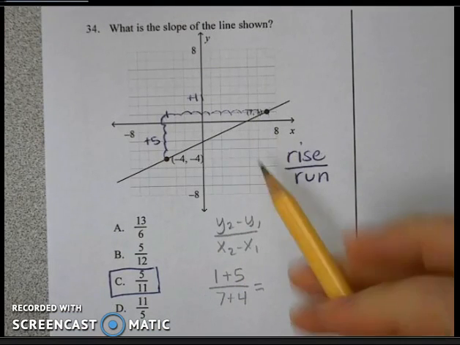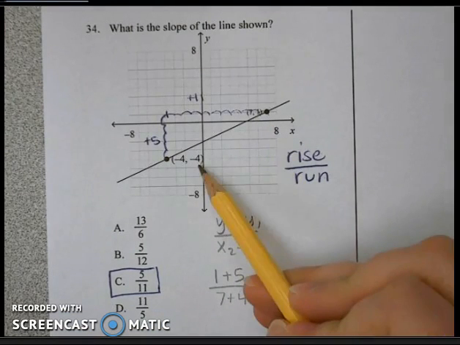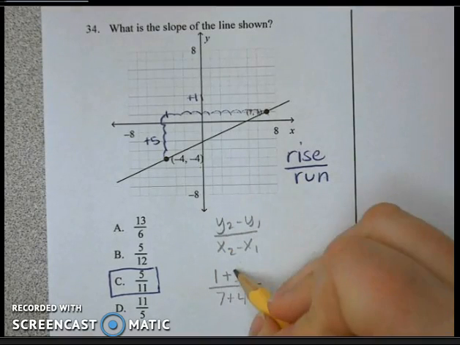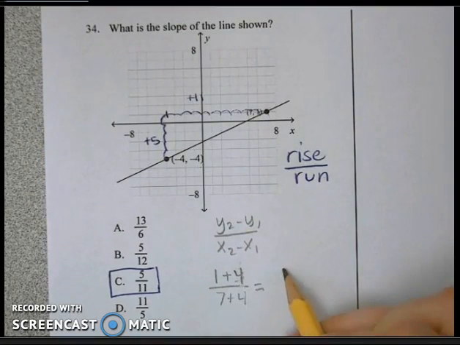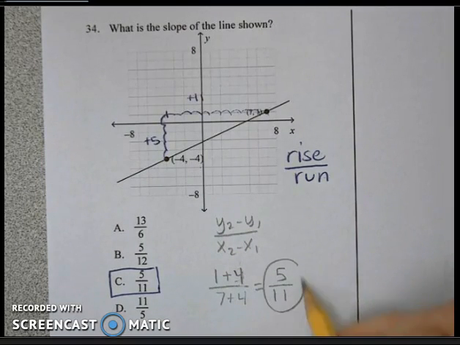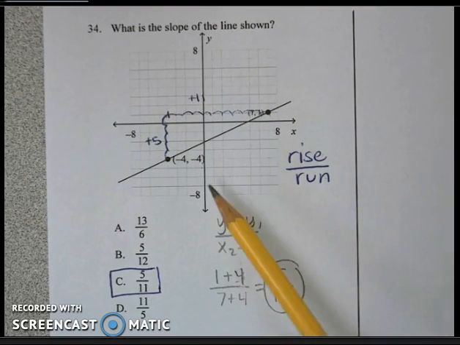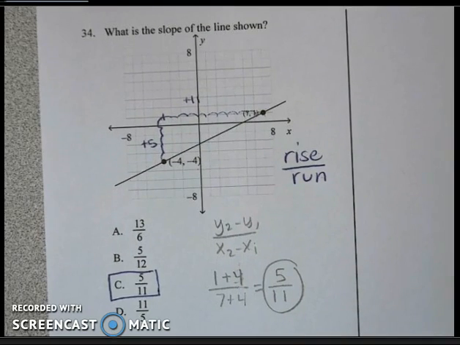So on the top, that's 1 minus a negative 4, which is 1 plus 4, or 5, so I wrote 4. So 1 plus 4 is 5, and 7 plus 4 is 11. So same idea if we do both our slope formula and counting rise over run.